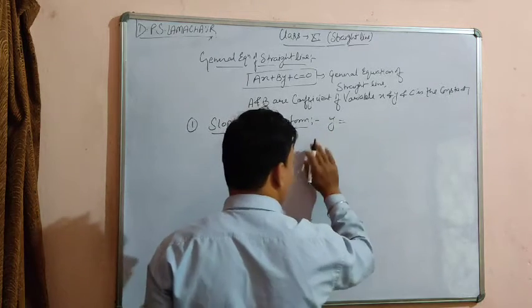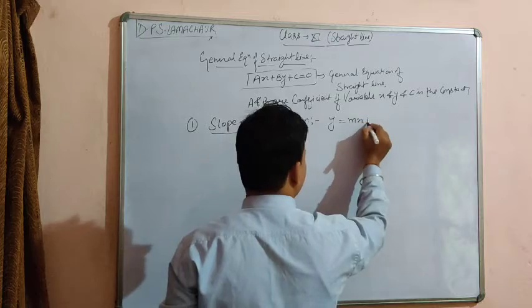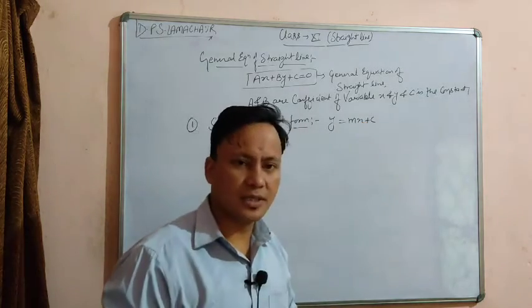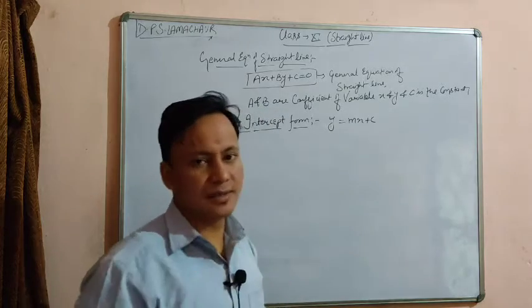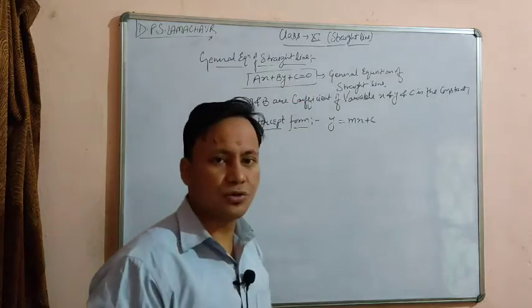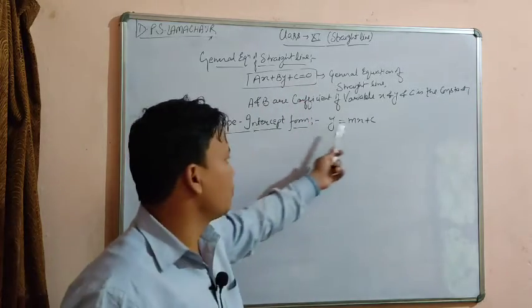As I earlier told you, y is equal to mx plus c is the slope intercept form of straight line, where m is the slope of straight line and c is the y intercept. So now we have to reduce this general equation into slope intercept form.